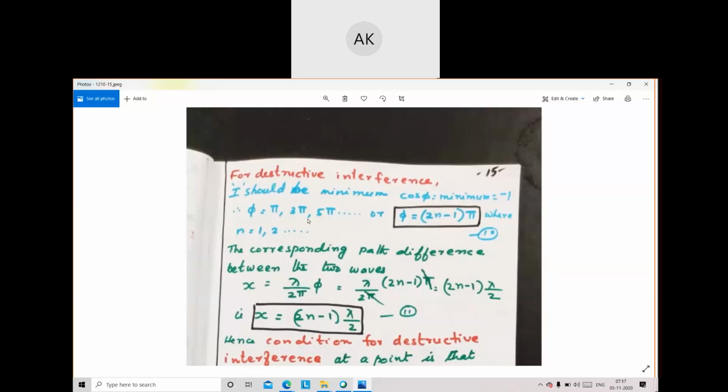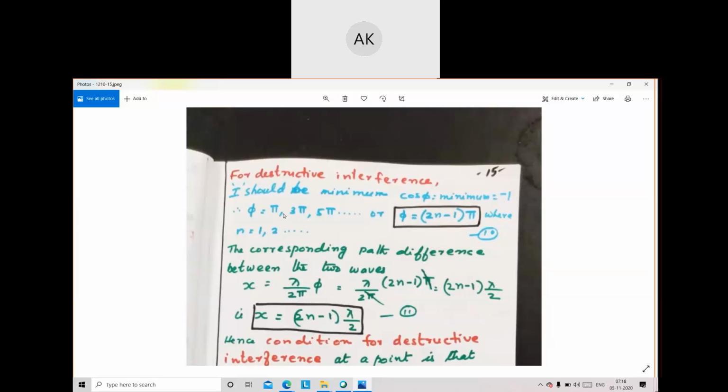When we take phi as 90, cos 90 is 0. And when we take 180 degrees, cos 180 is minus 1. So minus 1 is there, 0 is there, plus 1 is there. In that, the minimum value is minus 1. So when phi takes pi, cos 180 is minus 1.